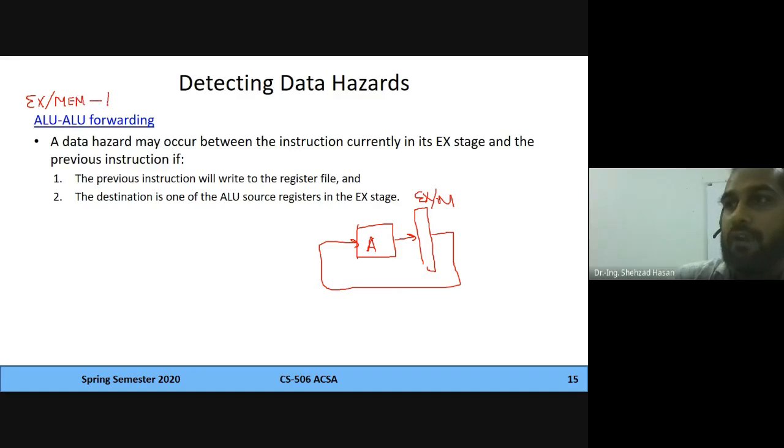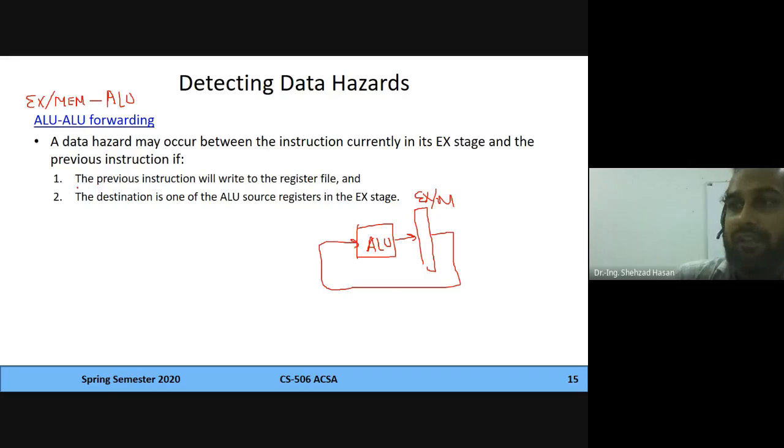Since we are forwarding it from the EXMEM pipeline register back to the ALU, that's a much better word. But the main thing is the ALU has computed something and you want that same thing for the next instruction.